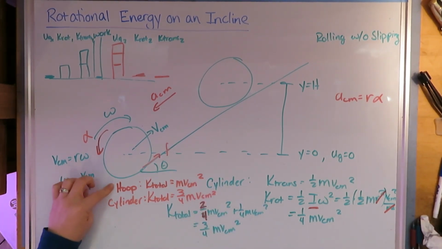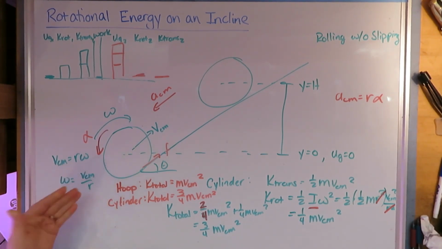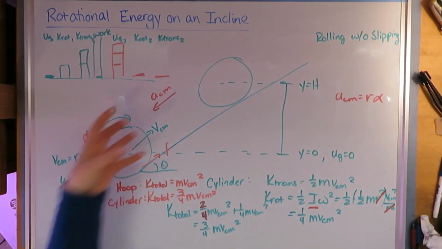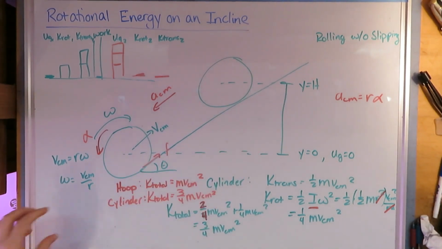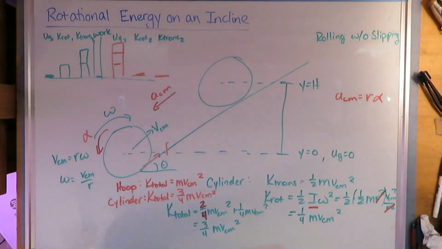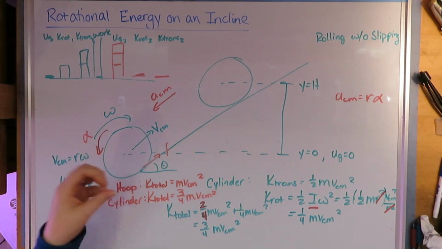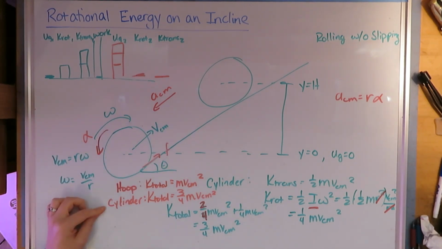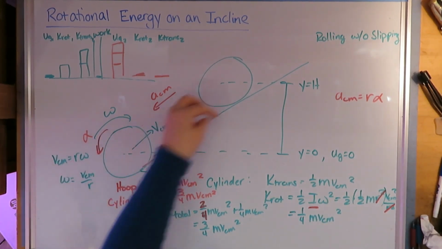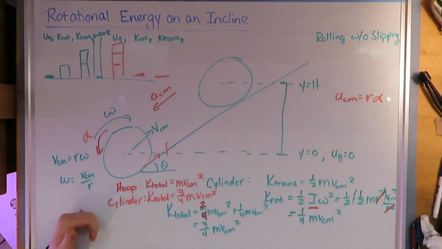So the hoop is going to have a larger total amount of energy to start with, which means it's going to be able to generate more potential energy. A hoop is going to travel further up this ramp before it comes to a stop than this cylinder. If I had a solid sphere, the solid sphere has an even smaller rotational inertia than the cylinder, which means the solid sphere is going to stop even earlier than the cylinder.